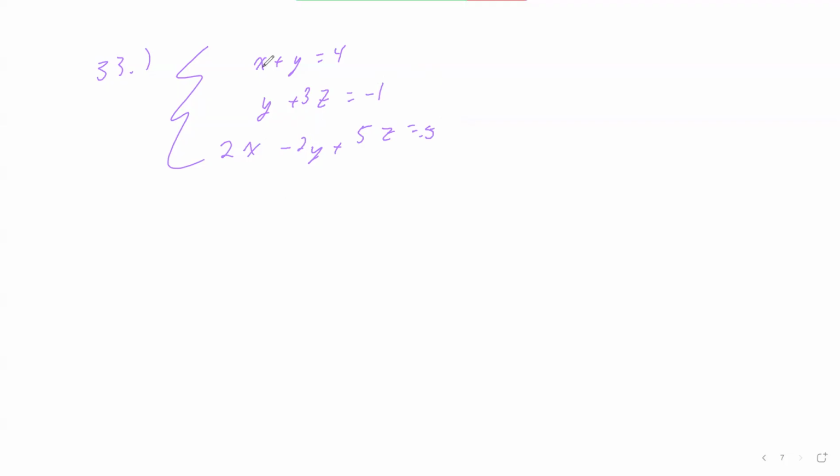In this case, I have an x and a y here and a y and a z here. So I'm actually going to solve for y so that whatever equation I get, if I solve for y, that'll give me an equation with an x, but then I'll have an x and a z.